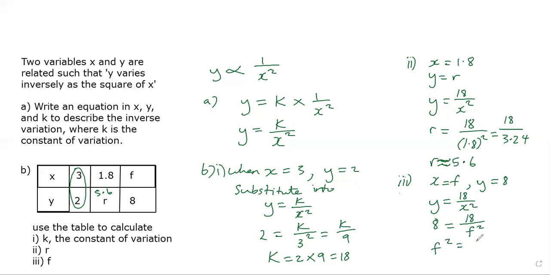So f squared would be equal to 18 over 8. So we work this out, 18 divided by 8 is equal to 2.25. Now we have to find the square root of 2.25, because we take the square root of both sides of the equation. We get 1.5.